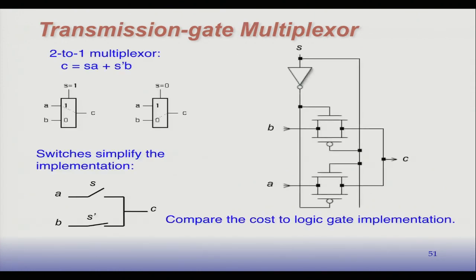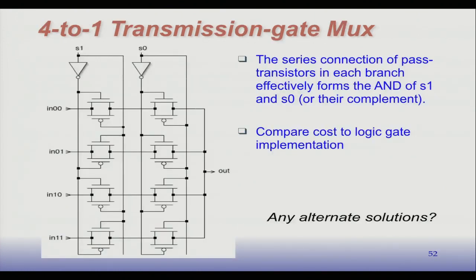Okay, so that was a 2-to-1 multiplexer. We can extend this idea to make a 4-to-1 multiplexer as shown here. So what we do is use 2 transmission gates in series for each input. Right? So if the S is 0, 0, then these 2 transmission gates are on.